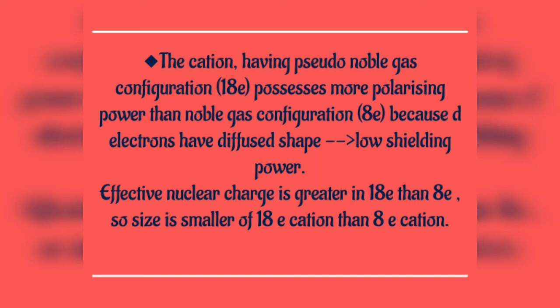So the size of an 18 electron cation is smaller than that of an 8 electron cation.